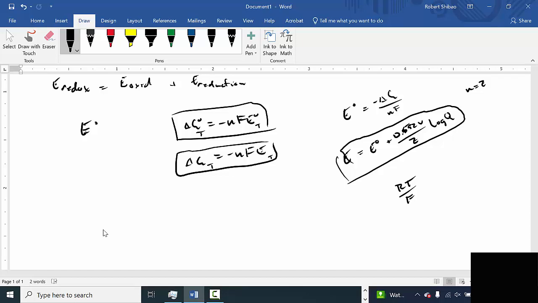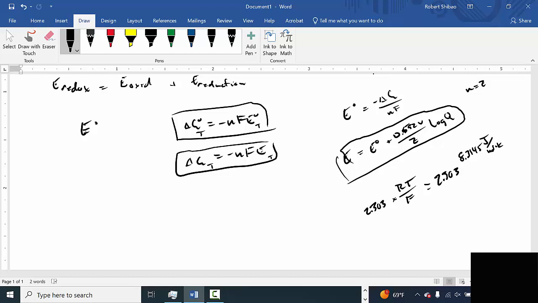R, what's the R value we should use here? The R value is actually 2.303 also, because we had to convert it from natural log to log base 10. And so what is the R value that we use for this? 8.3145. And the units for this? Joules per mole Kelvin.